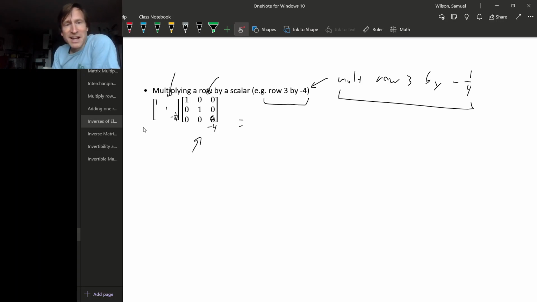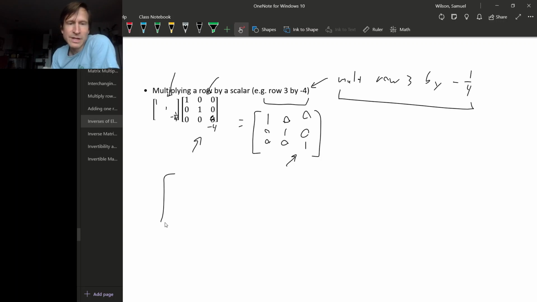And we can check. We can actually do this matrix multiplication and see if it works. And it does. We get 1, 0, 0, 0, 1, 0, and then 0, 0. And then for this bottom right corner position, that's when we get -1/4 times -4, and that's 1.